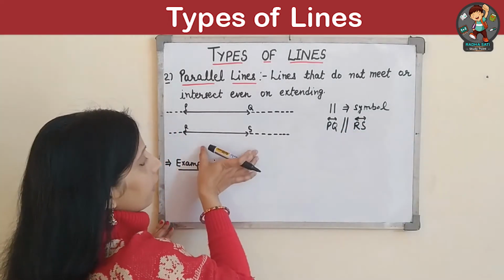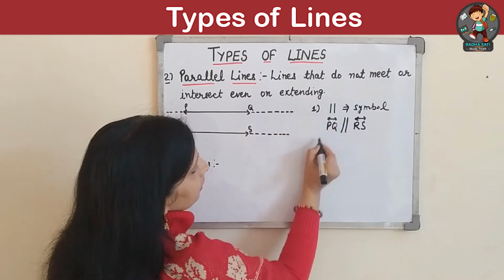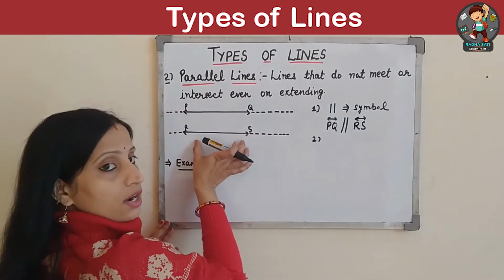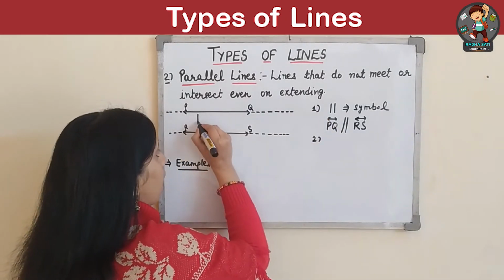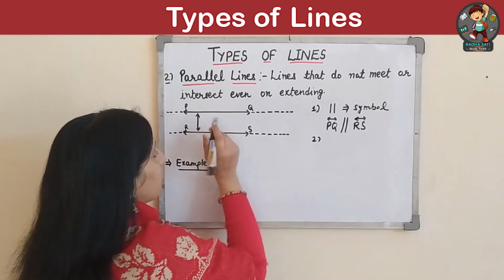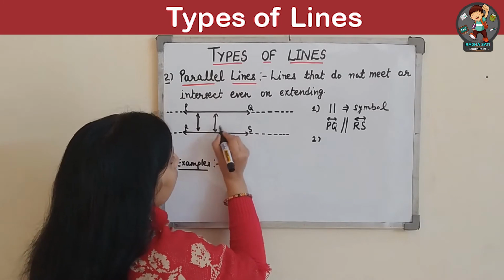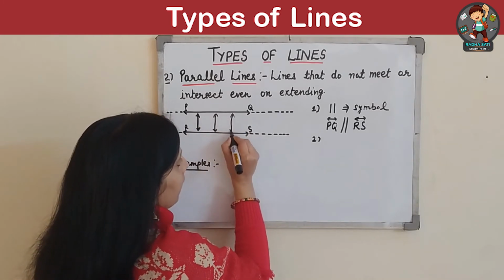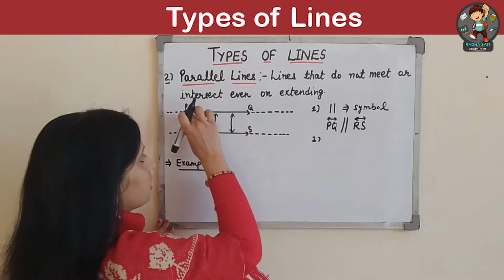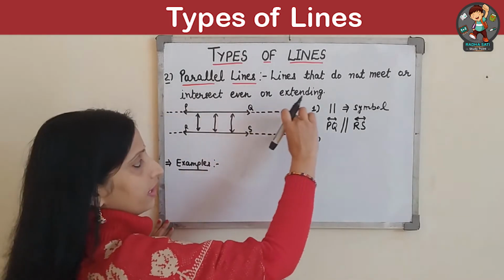And the second thing is, these lines are always the same distance apart from each other. It means the distance between these two lines will always be the same. So this distance will be the same everywhere.